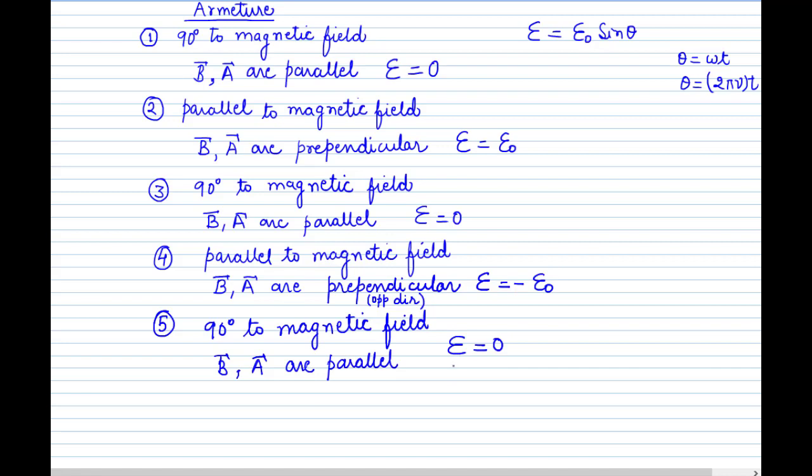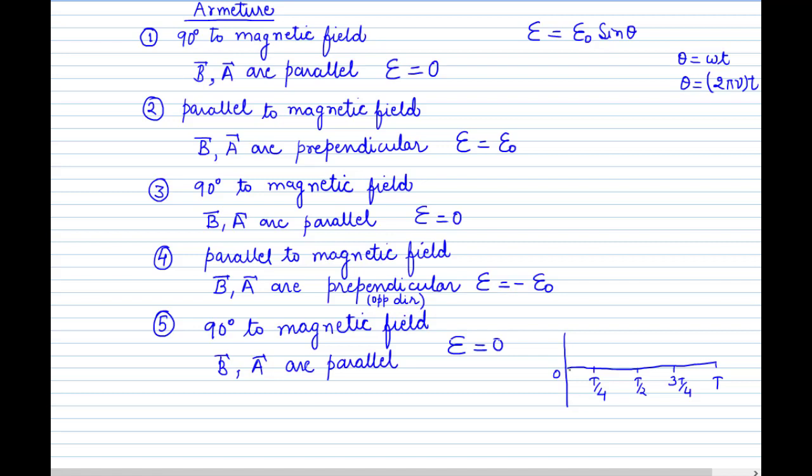So if you plot this on a graph with respect to time, then what you will get? In a complete rotation, it is at 0, now it is T by 4, and then it is T by 2, then it's 3T by 4, and this is one complete time period T. So initially when it is 90 degree to the magnetic field, that means B and A are parallel and E is equal to 0.